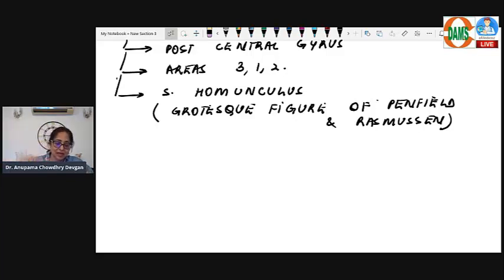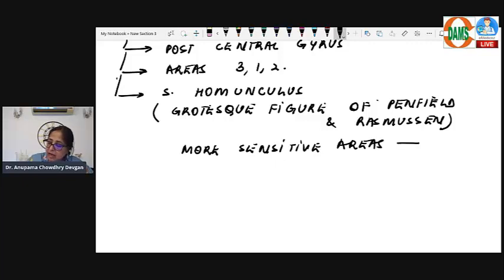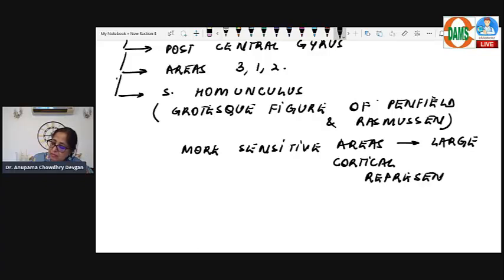More sensitive areas have a large cortical representation.